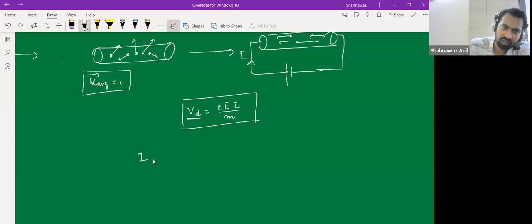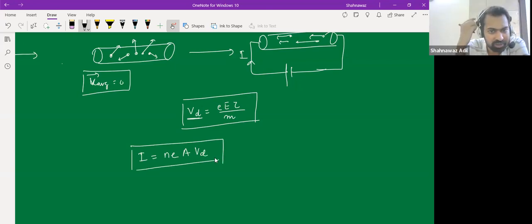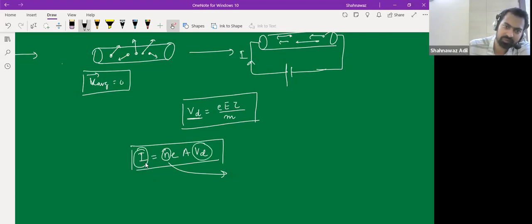This came out to be NeA v_d. This is what we did in the previous class, where n is the number density of the electrons that are flowing, e is the charge on one electron, A is the area, and v_d is the drift velocity. So this is the relation between the drift velocity and the current.